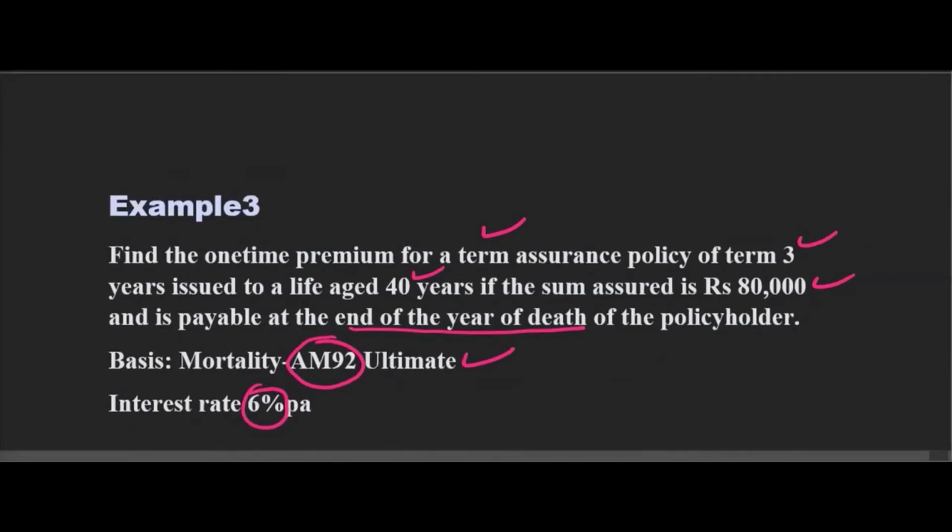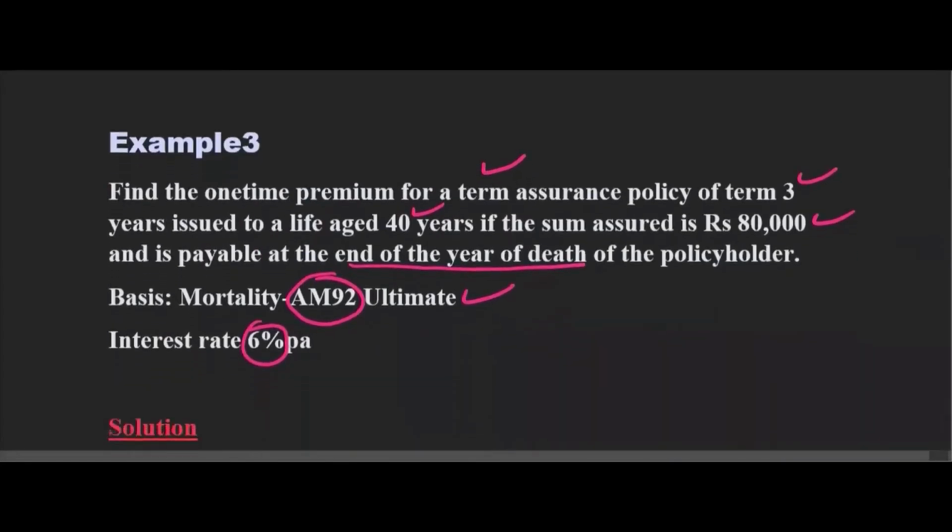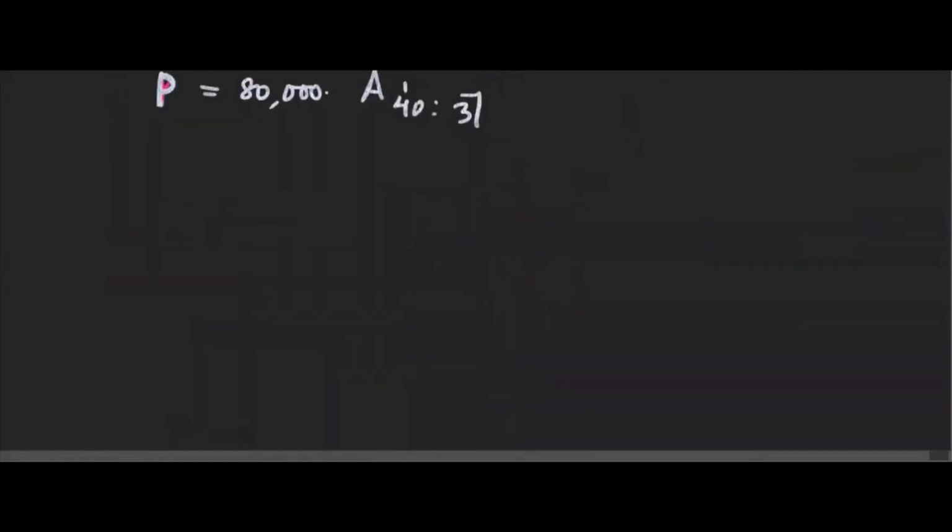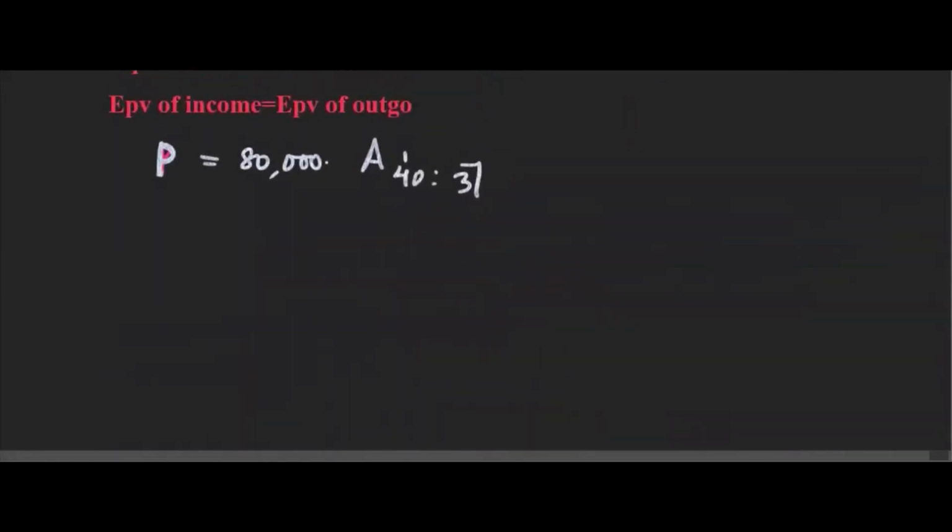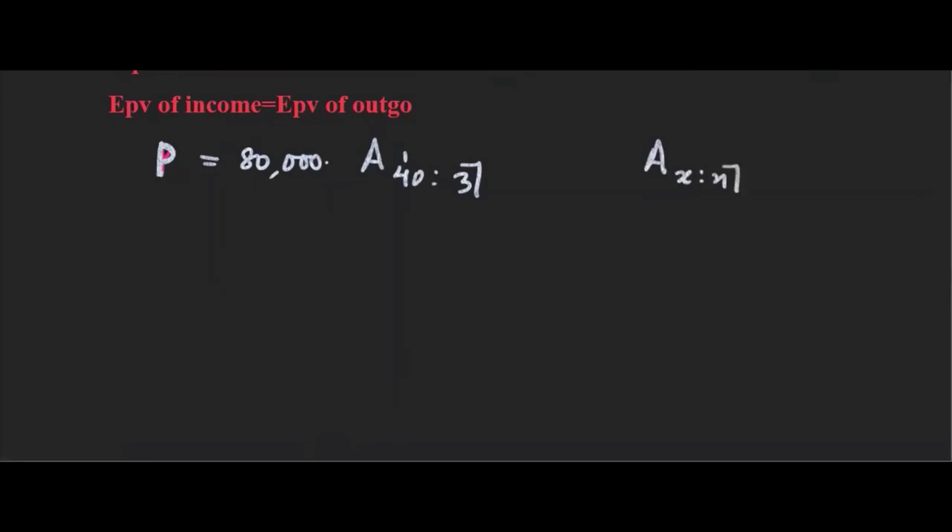But remember, if the term is 3 years, then you will not be able to see the table. You will be able to see the table only when x plus n is 60 or 65, only for these two values.